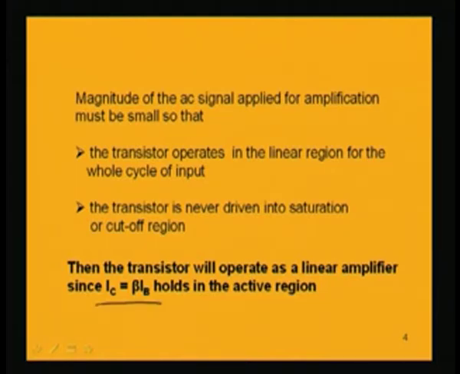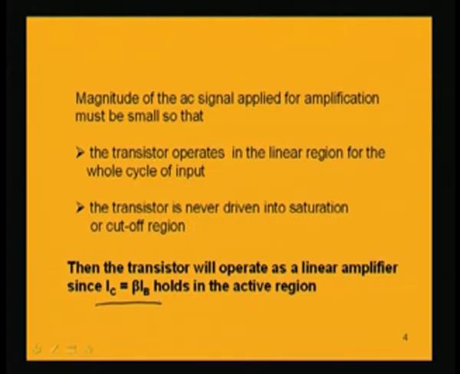Now, in earlier discussions we were discussing the DC conditions and biasing. That was the DC analysis. Now, let us do the AC analysis of the BJT. What is happening when we apply an AC signal at the input?